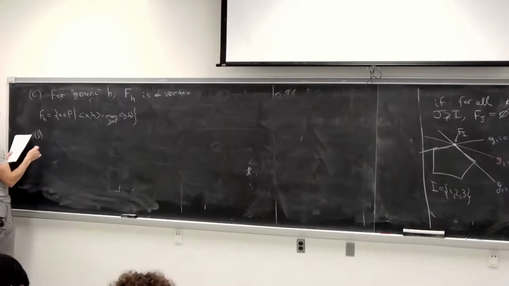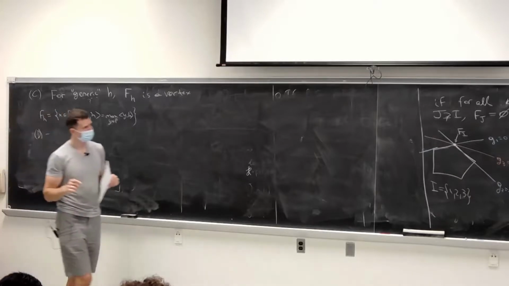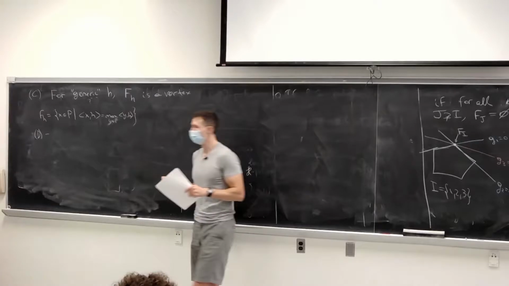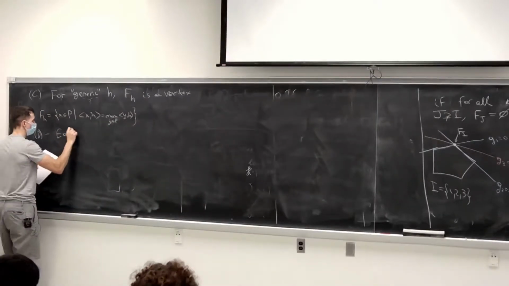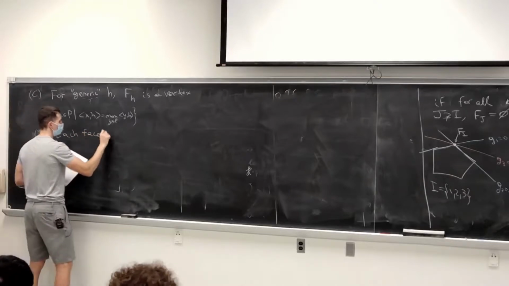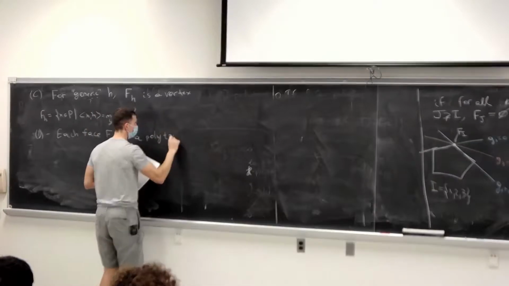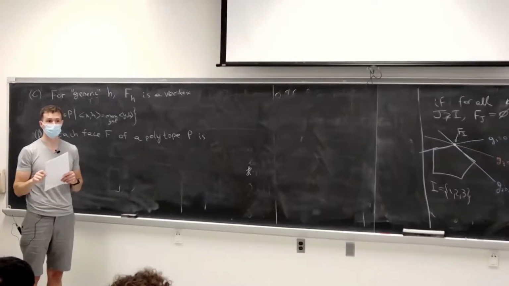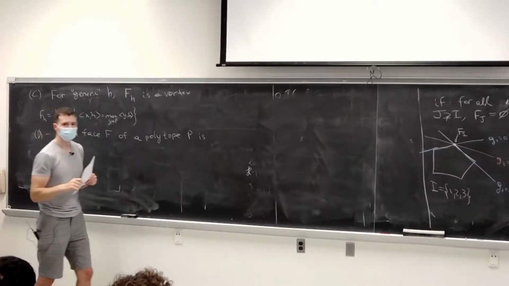And actually, here's property D, which is again going to have a lot of parts. Let's say you have a polytope and then you want to take a face. So what is true for faces of polytopes? Each face F of a polytope P is a polytope.